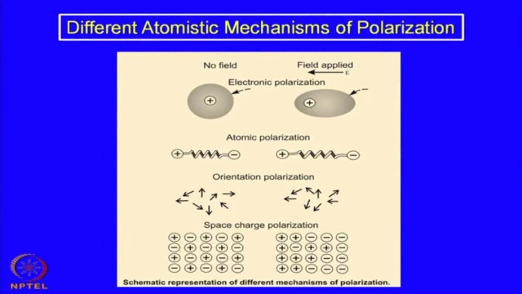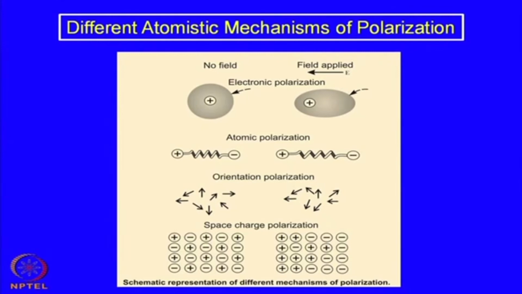So, ultimately when we apply an electric field to an insulator, instead of long range conduction or long range movement of the charge carriers, there is formation of dipoles. So, some amount of reorientation, redistribution of the charges takes place inside the material, and that absorbs the energy.